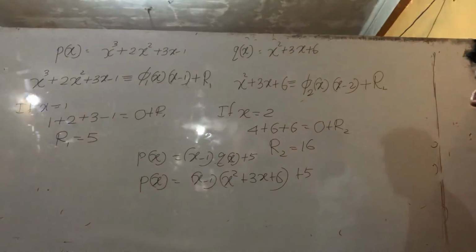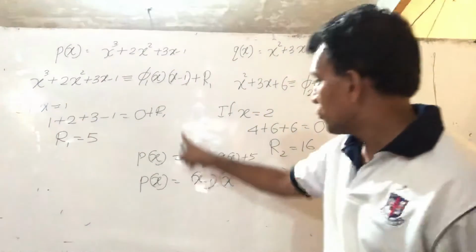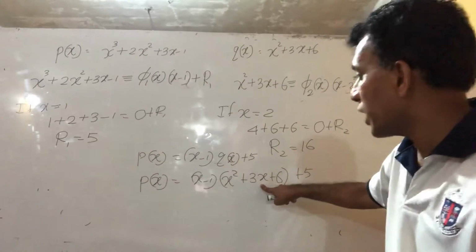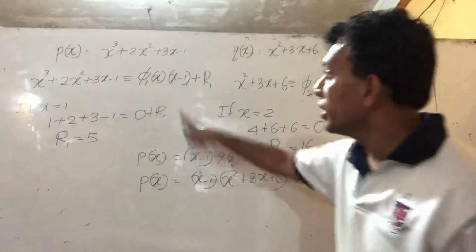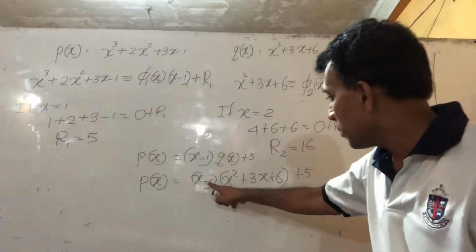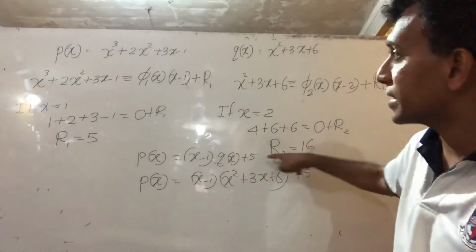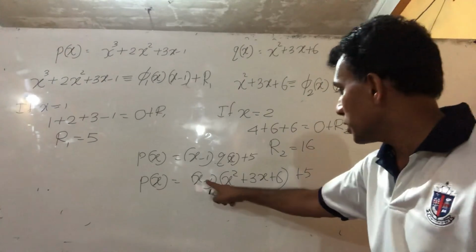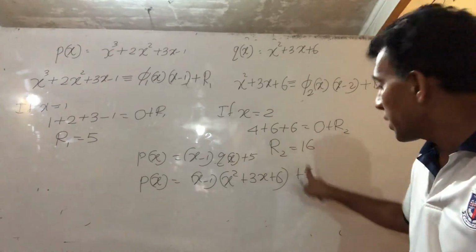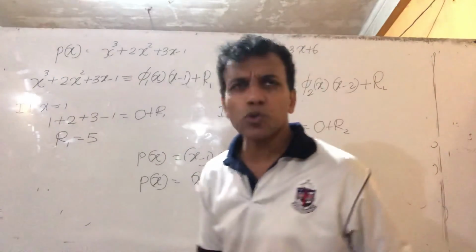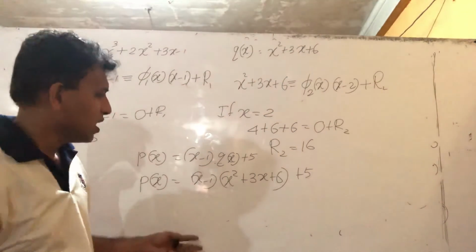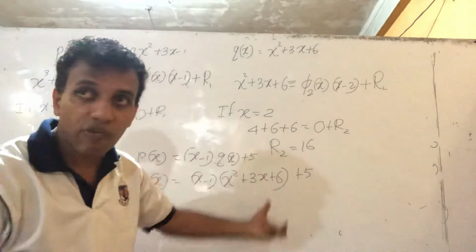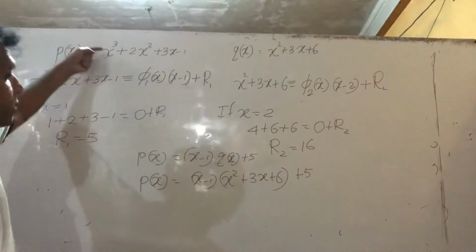If you multiply x into x square, x cube is available, 3x square is available, minus x square, then 2x square, minus 3x plus 6x plus 3x, minus 6 plus 5, see minus 6 plus 5 is minus 1. That's true. To show clearly, you multiply these two brackets, add the 5 and show the same p(x) becomes there.